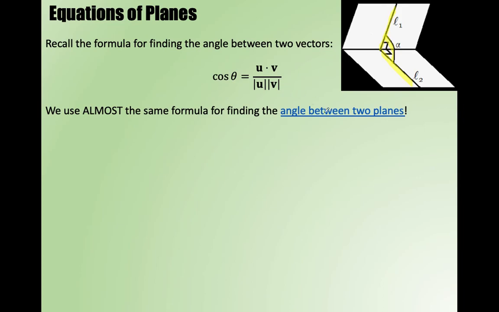So if you're holding two pieces of paper together, kind of like that picture, if you move the top one back and forth, you can see a very small angle as they approach almost coinciding. They're the same plane. And then I can get all the way, of course, to 90 degrees.